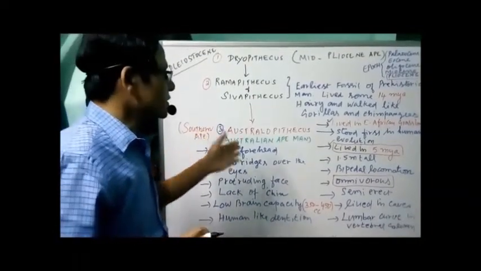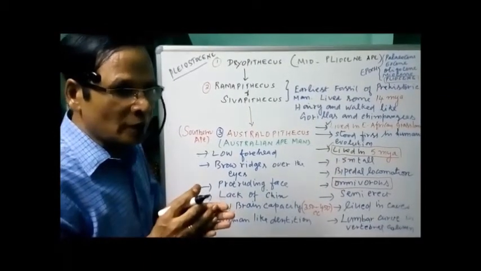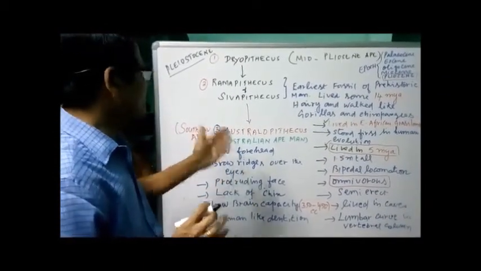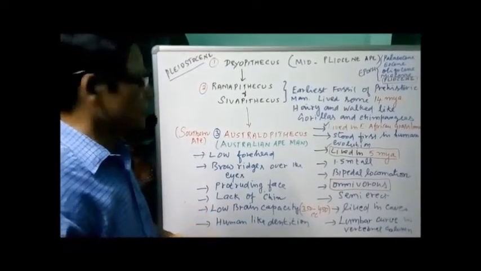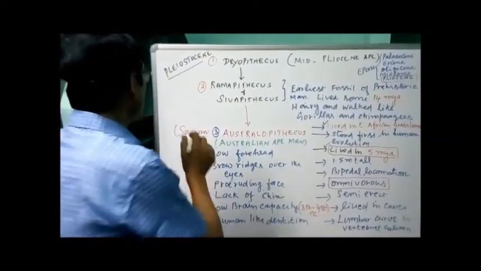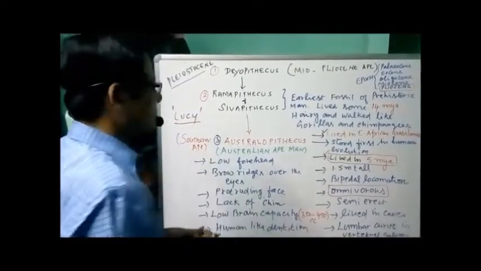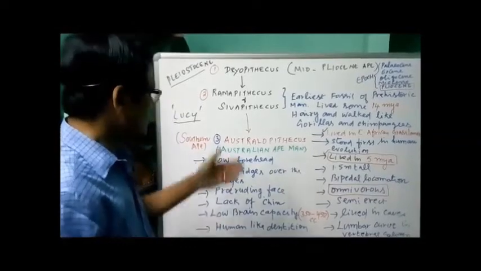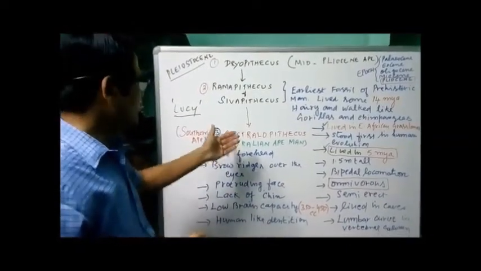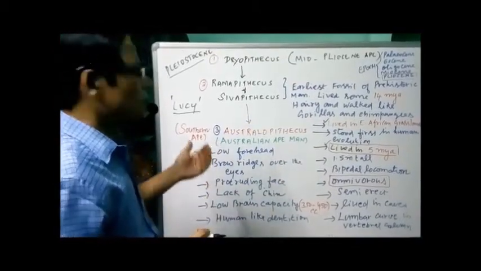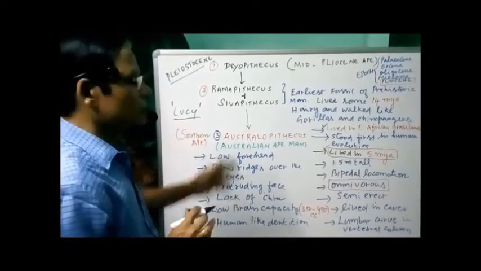He stood first in human evolution. The modern humans are believed to have evolved from Australopithecus. And there was a fossil received, named Lucy. Australopithecus afarensis is the binomial name of the fossil. A female fossil was obtained, and that was called Lucy.